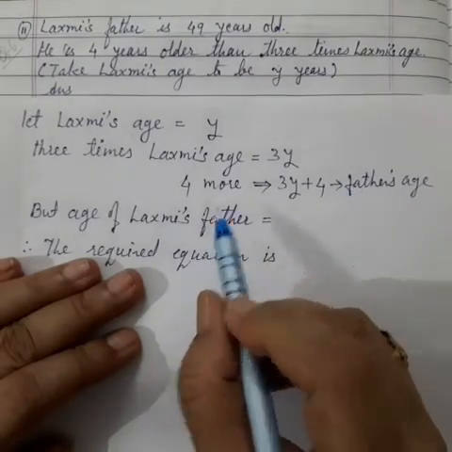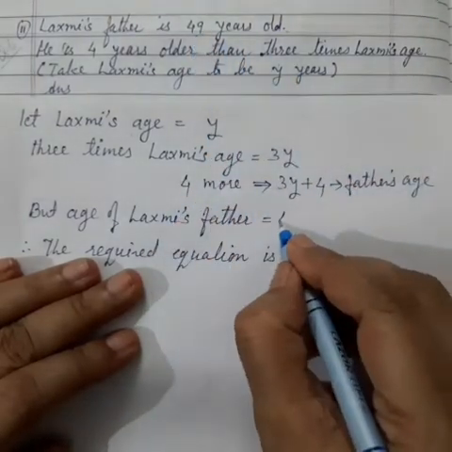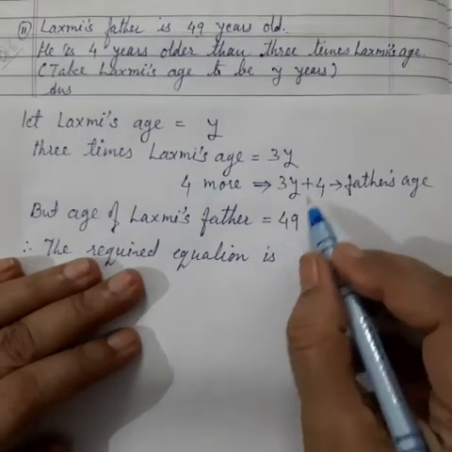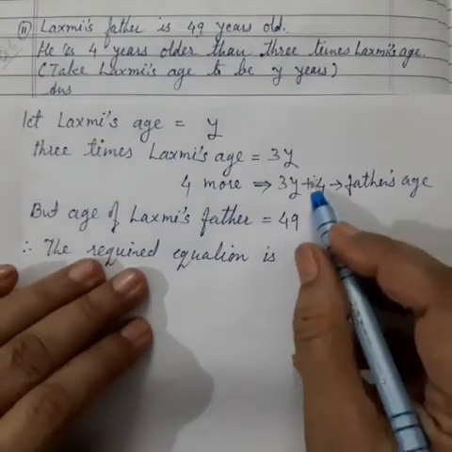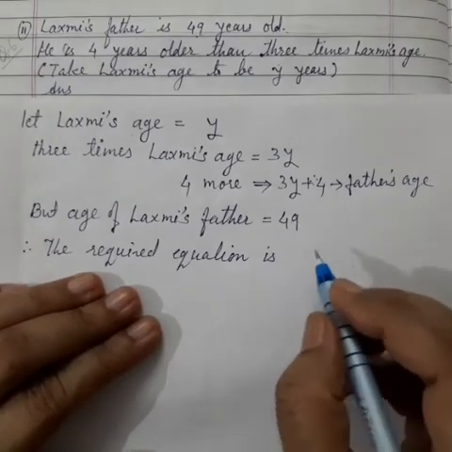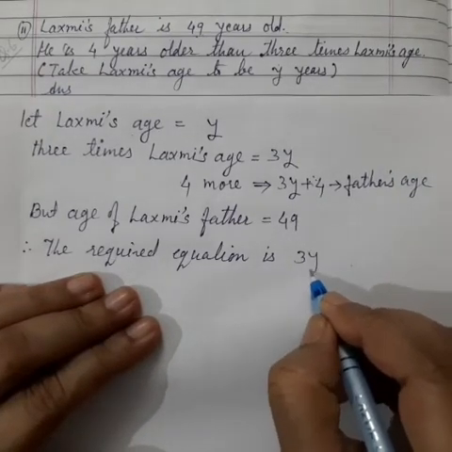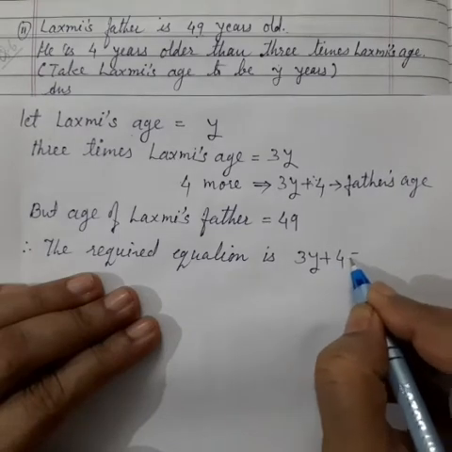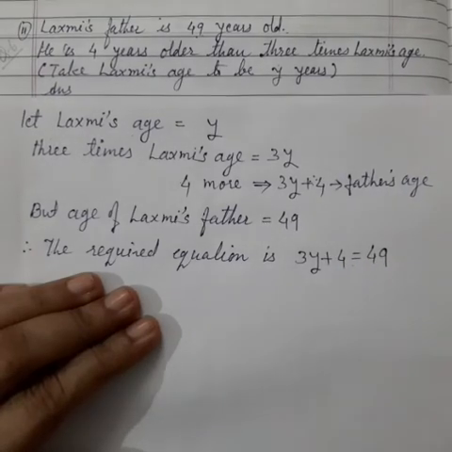And father's age is given 49 years. And these two are same. These two expressions are representing same values. So our equation will be 3y plus 4 equal to 49.